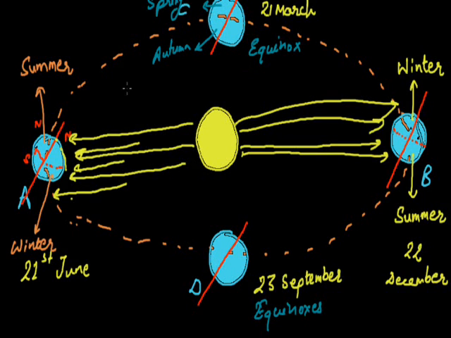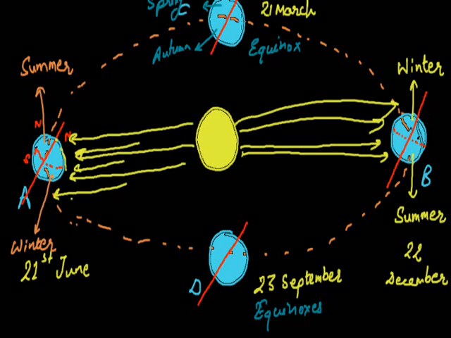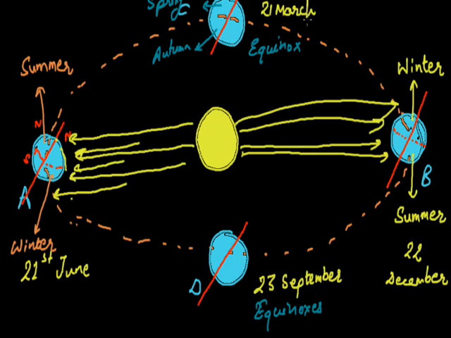When we are talking about these equinoxes and the solstices, we are talking about the northern hemisphere, so we'll call this equinox, 21st March, the spring equinox, and this equinox we'll call the autumn equinox. Here the northern hemisphere will have the autumn season and the southern hemisphere will have the spring season.